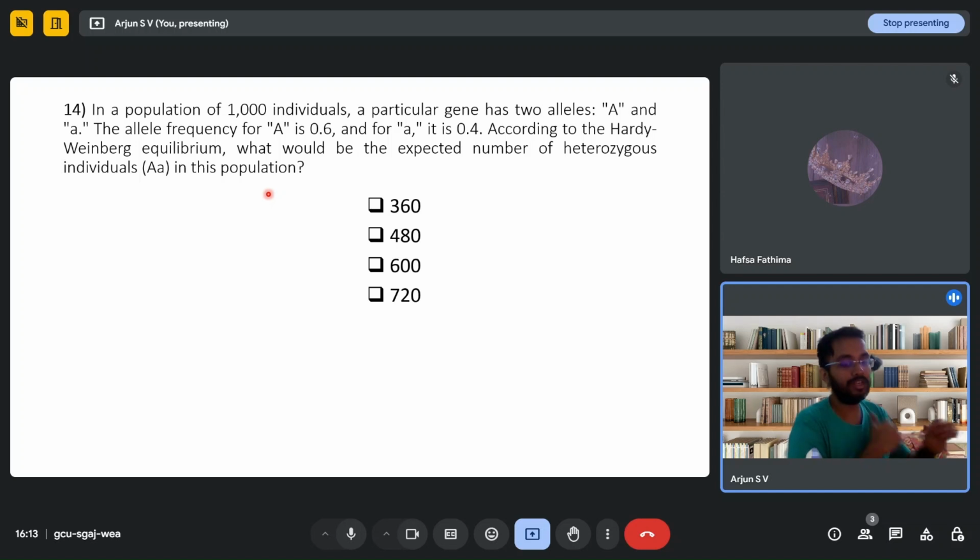At this point, you must be familiar with the Hardy-Weinberg principle, which is p square plus 2pq plus q square is equal to 1. So basically, in this case, you have to find out what 2pq is. Can you people solve it and let me know what the answer is?